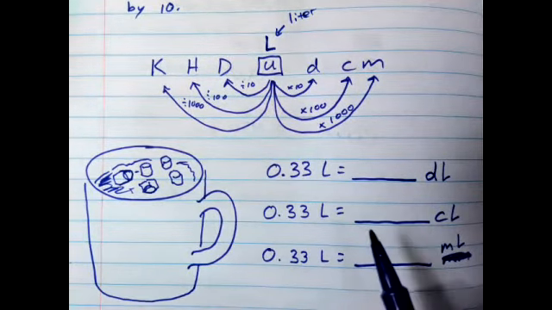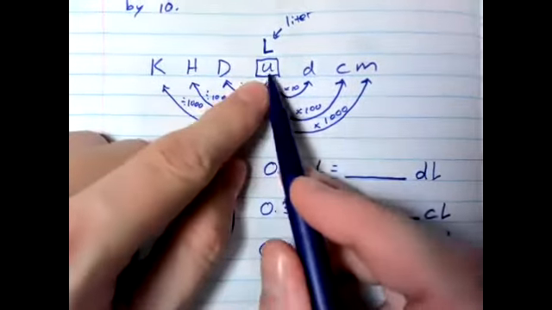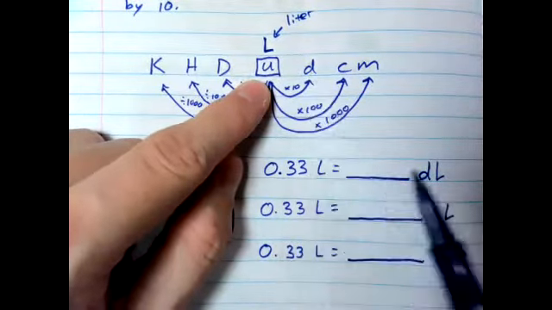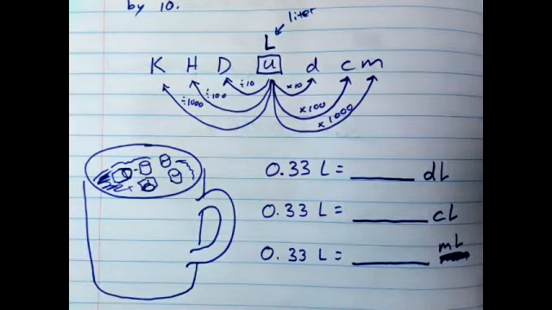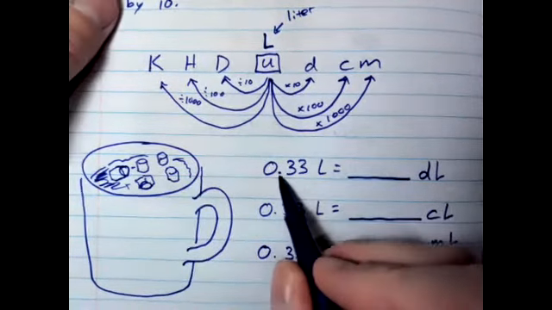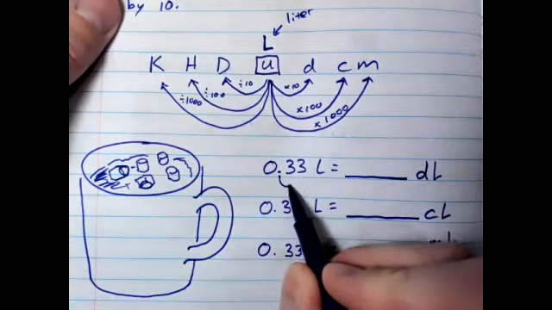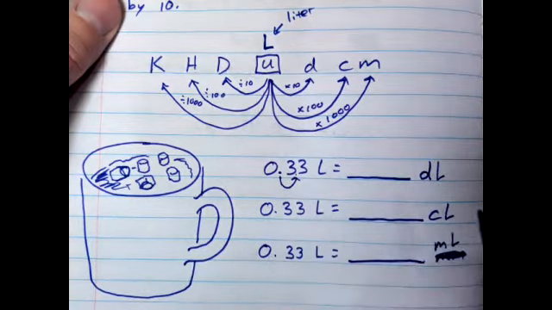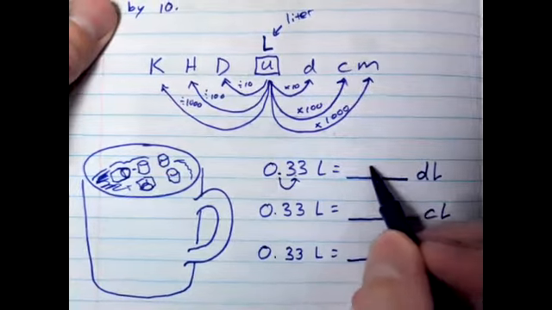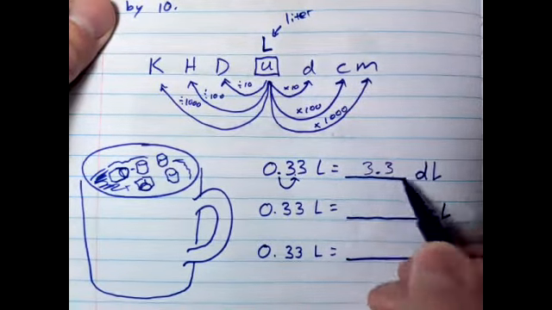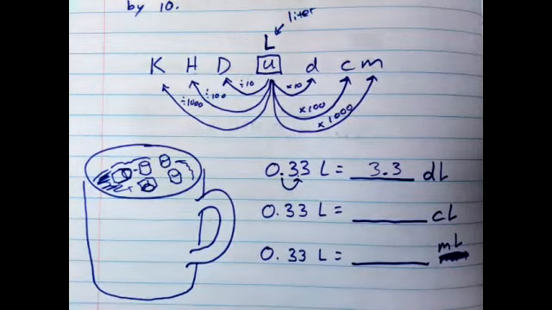So I need to make it 10 times greater. So I'm going from unit to deci. What would that be? Well, it's only one space, which means I'm multiplying by 10. So that's simply moving our decimal over. So 33 hundredths of a liter is 3 and 3/10 deciliters.